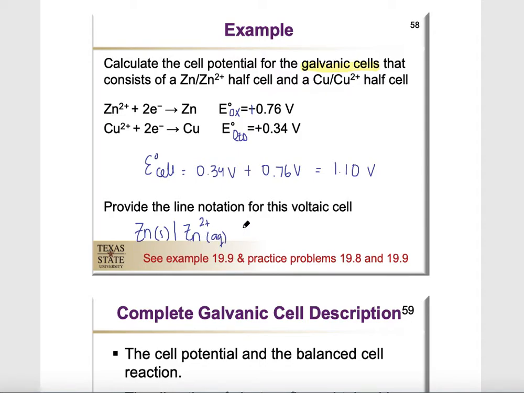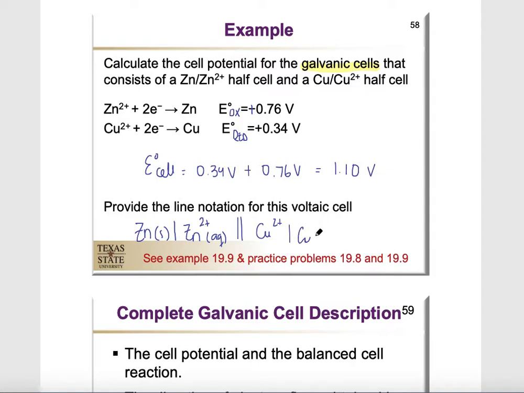Then from there, we're going to have our change to the other half cell, where we're going to have the reduction. The reduction for the right-hand side is going to be exactly as written. So it's going to be our copper 2 plus going into a phase change into the copper solid.